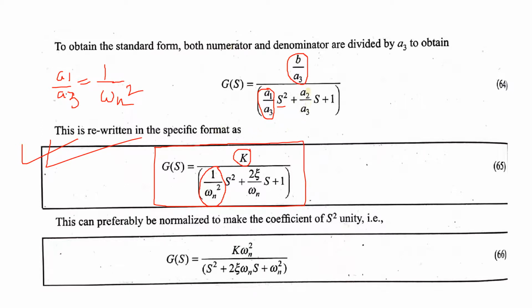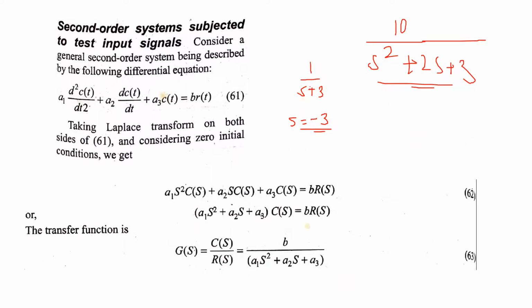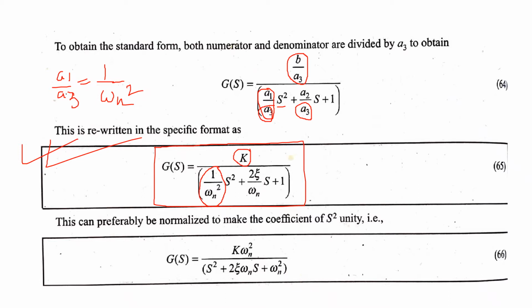Then a2 by a3, because you are dividing with the last parameter, whatever you divide with it will come over here also. So that is why a2 by a3 will be written as 2 eta by omega n.